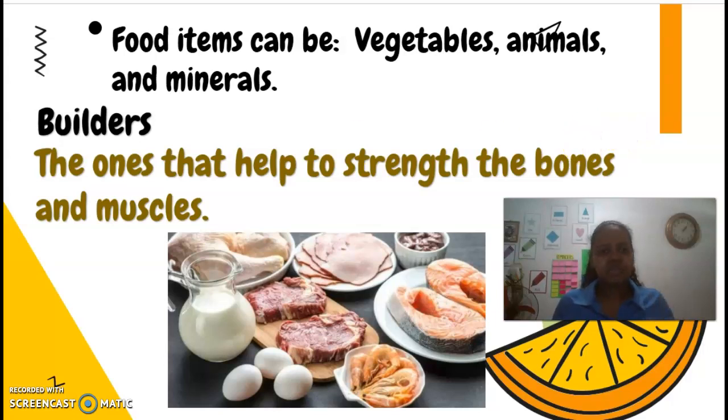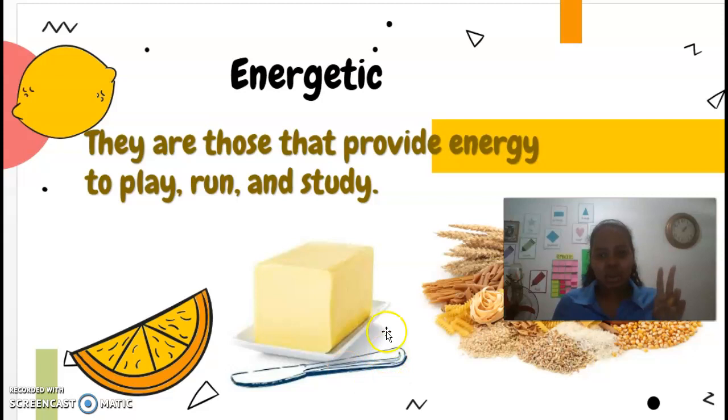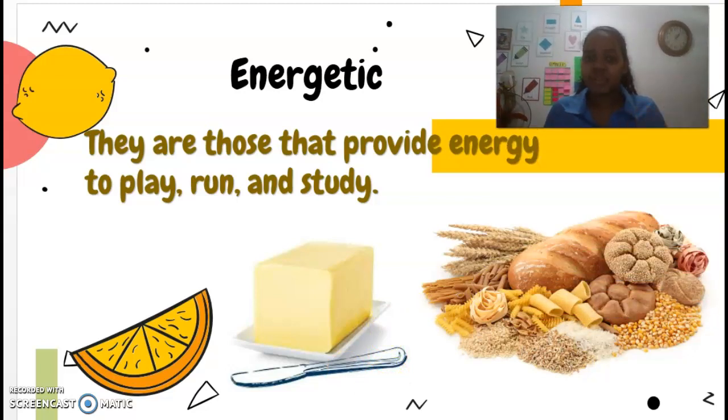Let's continue. The second type of food, or the second category, is energetic. This type of food, or those aliments, are the ones that provide energy to play, to run, or to study.